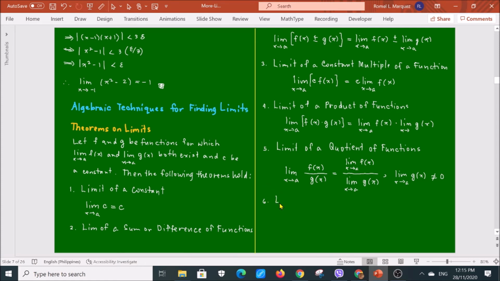We have the limit of a power of a function.